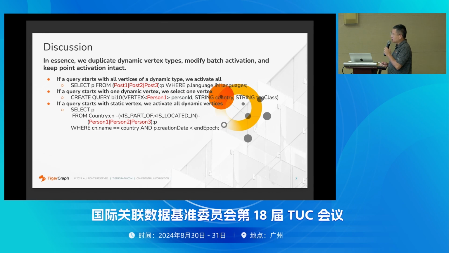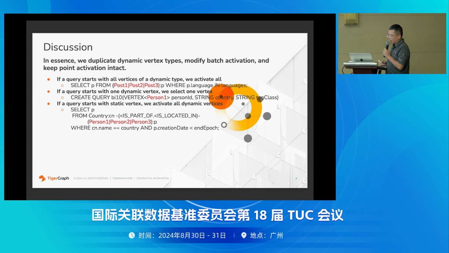So with this schema change, in essence, we duplicate the dynamic vertex types, and we modify the benchmark queries to activate the corresponding duplicate vertex types. If a query starts with comment, instead of activating 1 comment type, now we need to activate 3 comment vertex types.